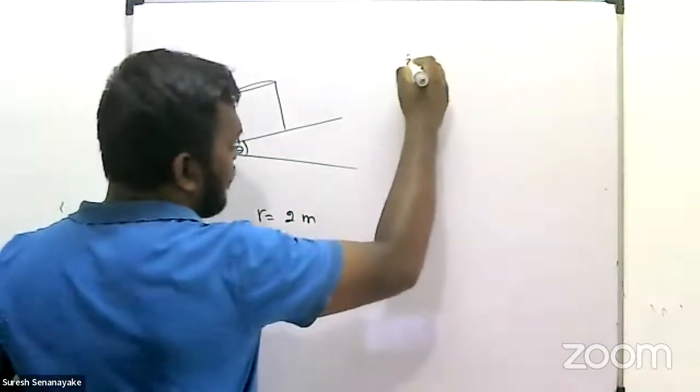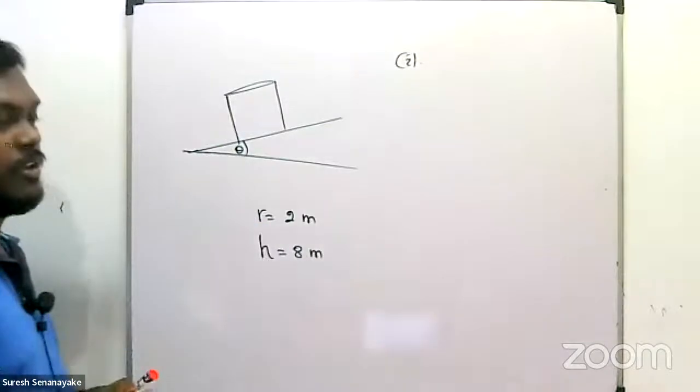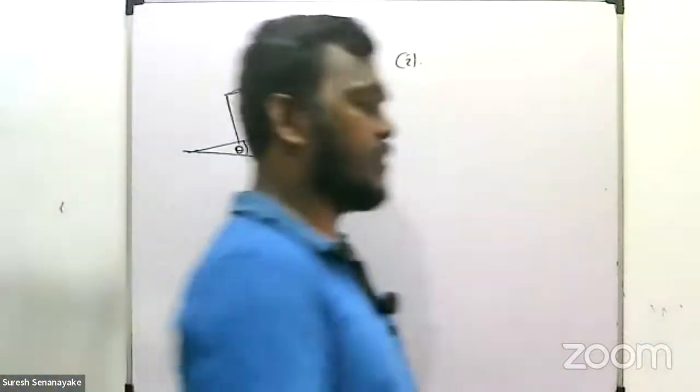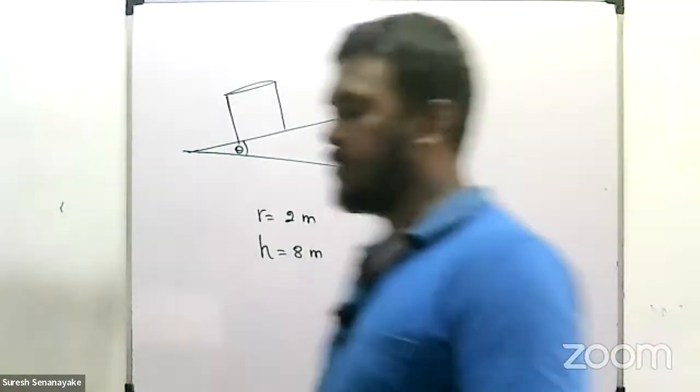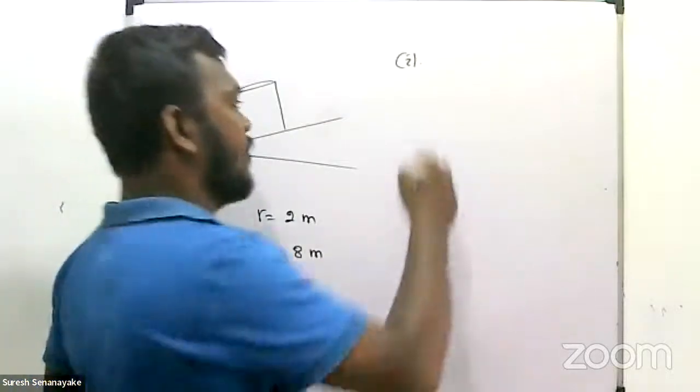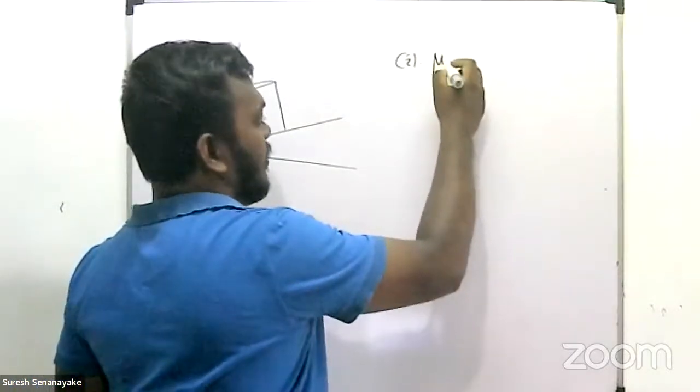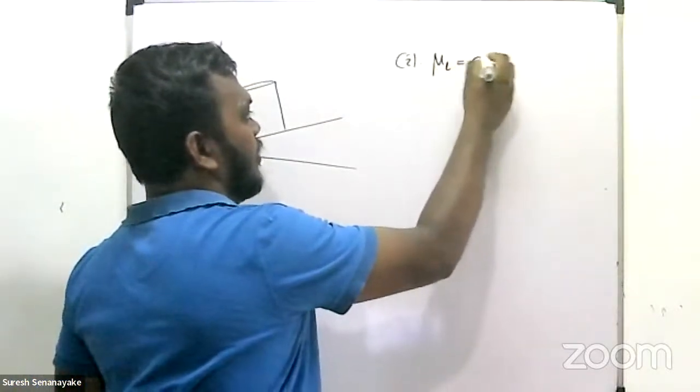This part of the question: if the coefficient of friction is 0.1, the coefficient of limiting friction is actually 0.1.